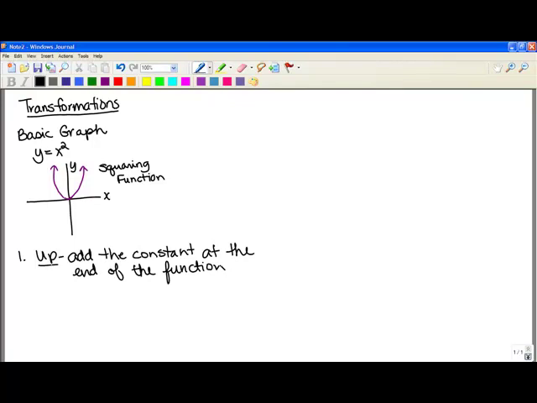All right, so for example, suppose that we start off with the basic graph of our squaring function, y equals x squared, and we wanted to move that, let's say, up 4 units. In order to do that, our constant we're looking at is 4. So I would just take the function y equals x squared and add 4 to the end.